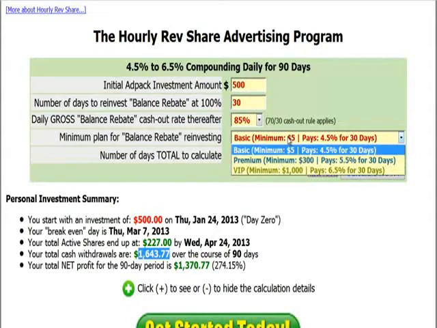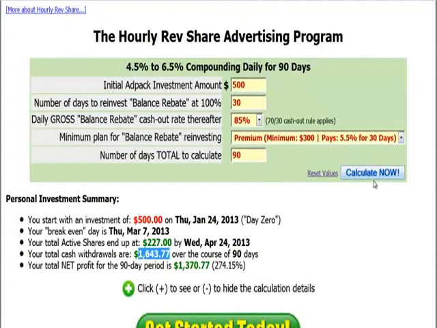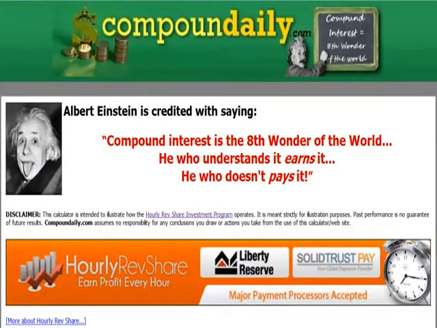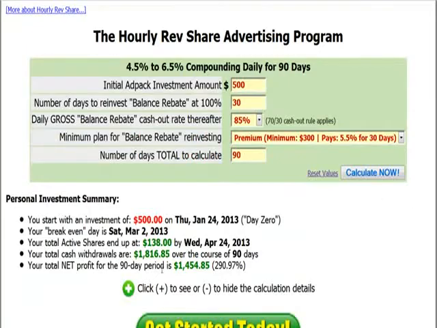Well, let's see if it makes sense for me to wait until my repurchase balance grows to at least $300, so I'm going to wait to buy at the premium. Does it make more sense to buy premium? Let's see what happens if I run those calculations. The calculator's thinking, and as soon as it's ready, it bounces down. Yep, we actually make more cash. But we don't have as many active shares.